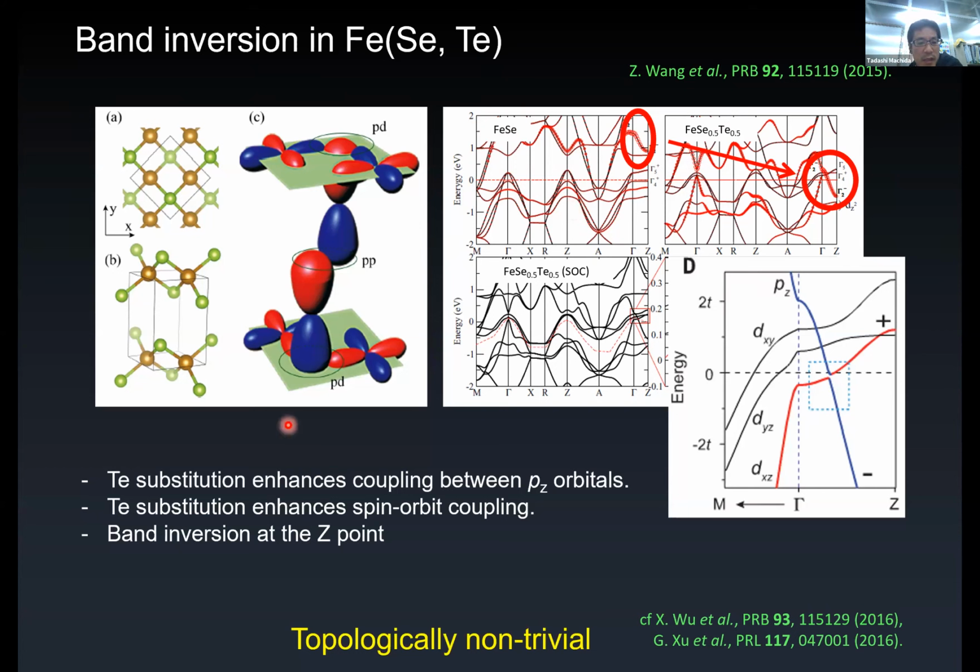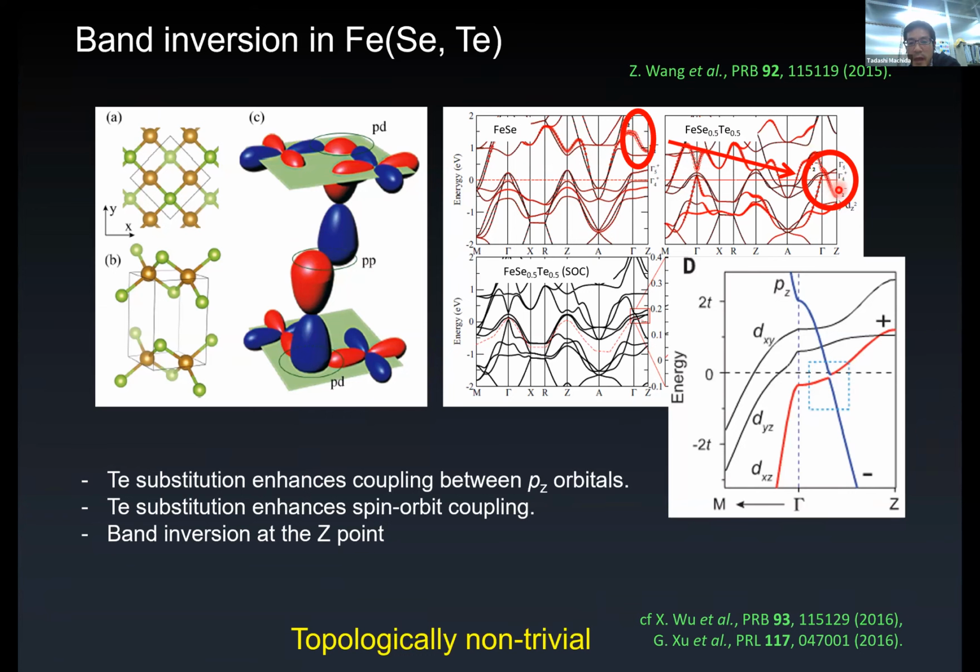If we substitute the tellurium, this tellurium substitution enhances the coupling between the Pz orbitals of the chalcogen atoms, as shown here. Because of this enhancement of the coupling between the Pz orbitals, the bands associated with the Pz orbital become more dispersive, and this energy level goes toward the Fermi level.